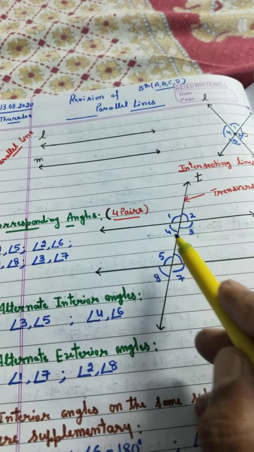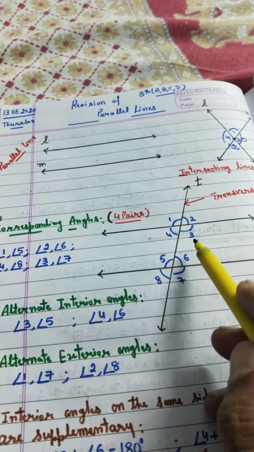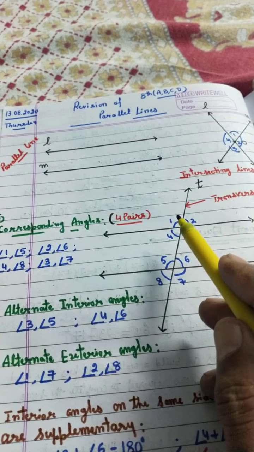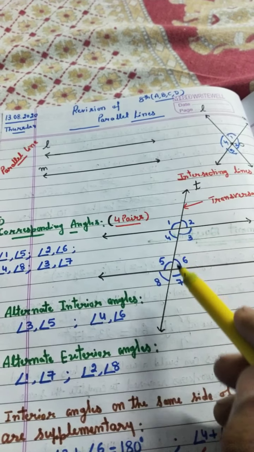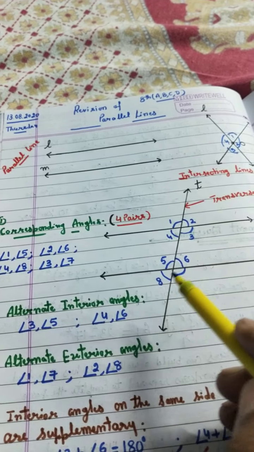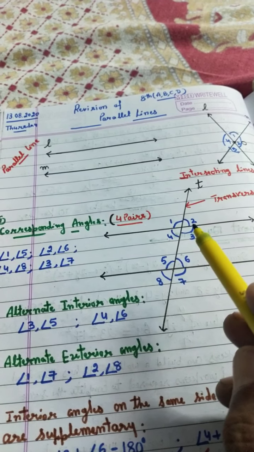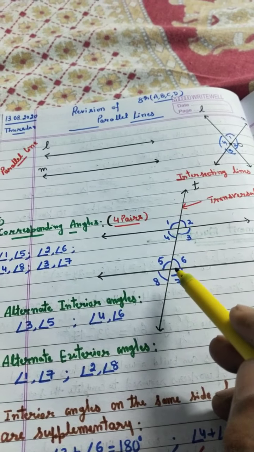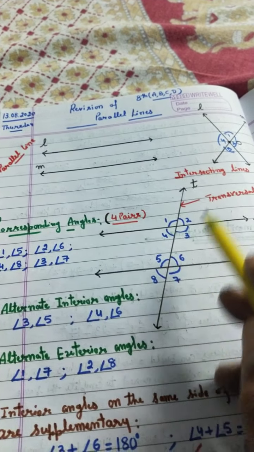Angle 4 is alternate interior to angle 6 and angle 3 is alternate interior to angle 5. For alternate exterior angles, angle 1 is alternate exterior to angle 7 and angle 2 is alternate exterior to angle 8.